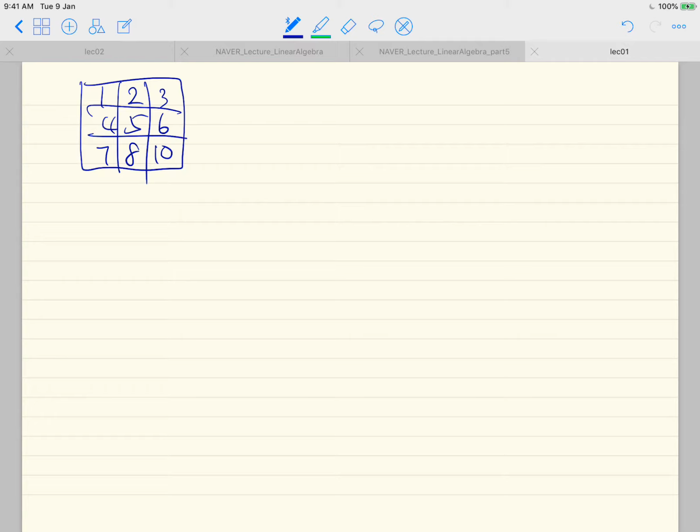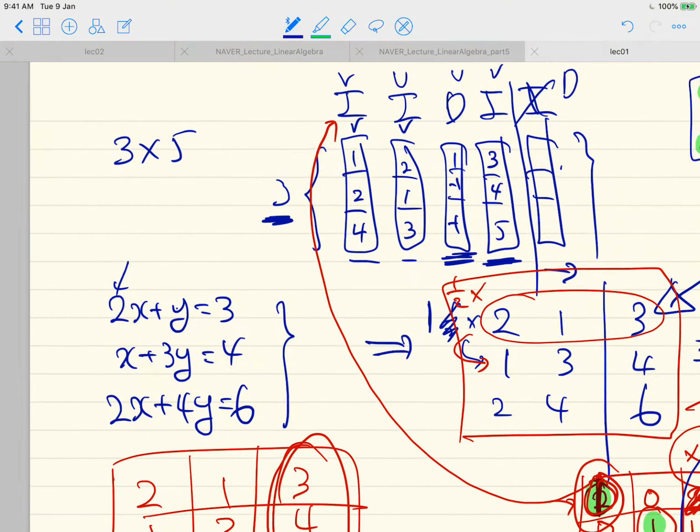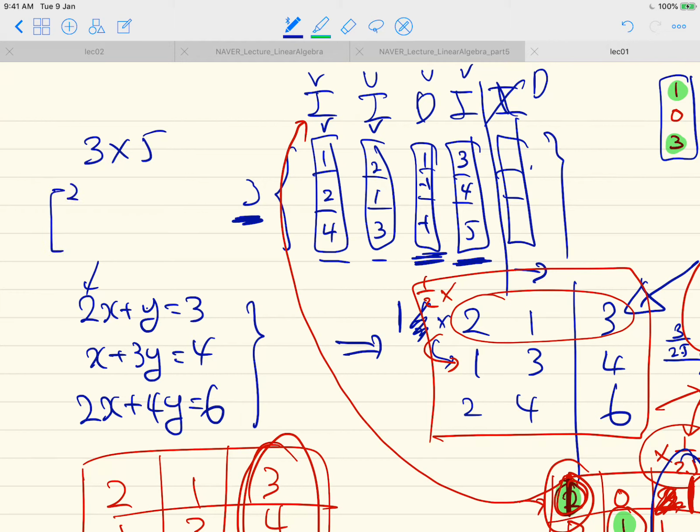Okay, so in this case, that is the process of AX equals the identity matrix, where X will be our inverse matrix, right? This can be viewed as this: 2, 1, 1, 3, and 2, 4, times x, y, equals 3, 4, 6. This is called the matrix equation form of a linear system. Can you understand this?